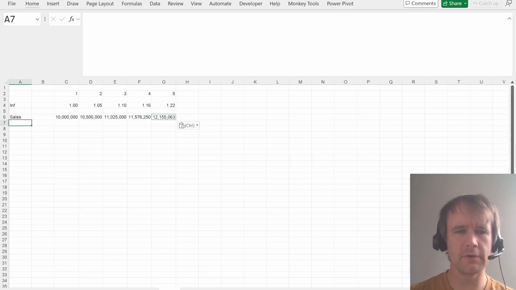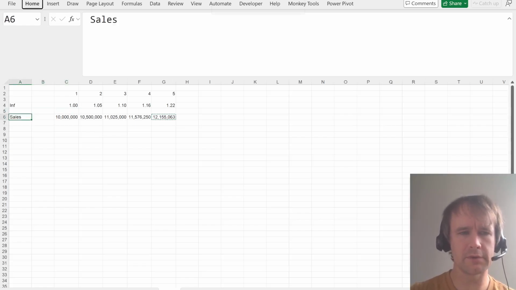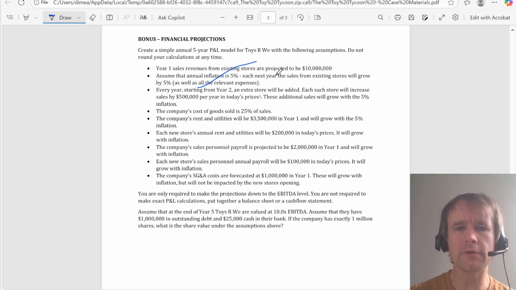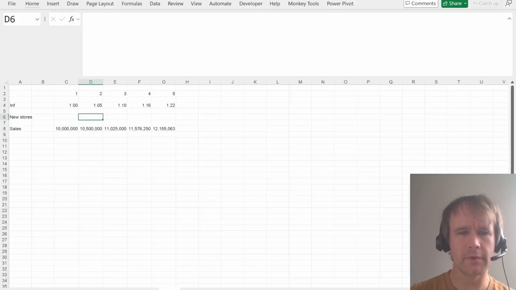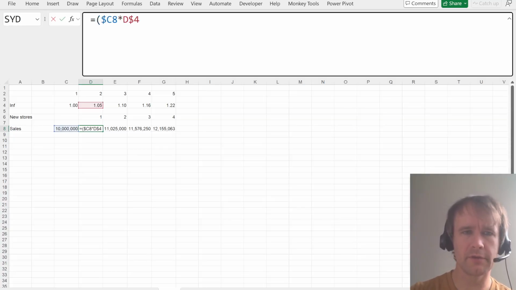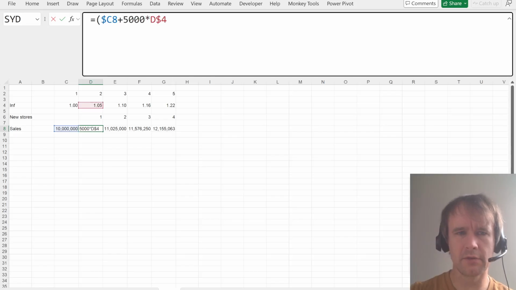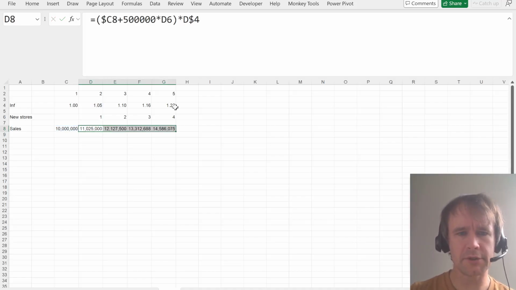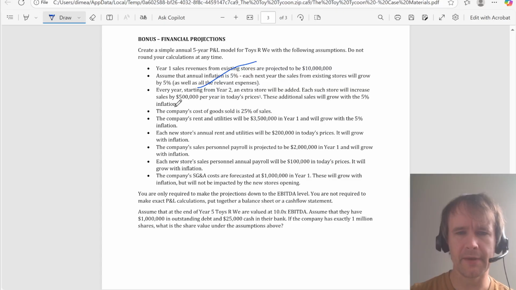Okay, so then I want new stores starting in year 2, right? Okay, equals this plus 1. Wow. So then it's going to be this plus. Don't build your models like this at home, kids. But I'm gonna, because it's competition. Terrible habits. Okay. COGS is 25%.